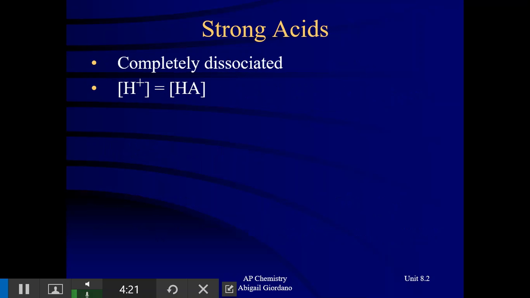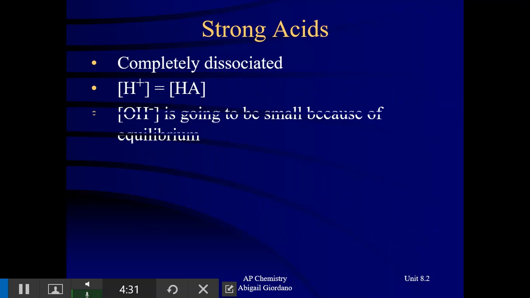So as we said, they completely dissociate. The math is usually very quick because the molarity of the acid as a whole is also going to be the molarity of the H+ because of that complete dissociation. In a strong acid solution, the molarity of OH- is going to be very, very small. And think about it, this is an equation we looked at in our last lesson.